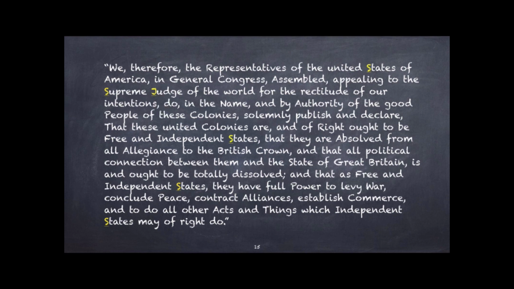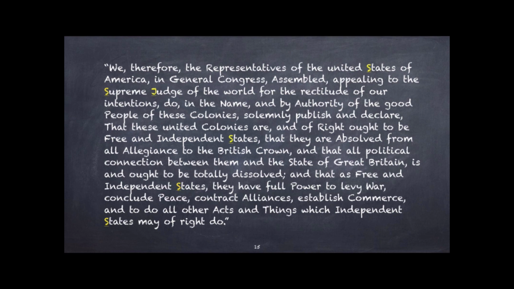Now that's a key point right there. Notice this state is capitalized as well. The state of Great Britain is a country, correct? Capital S here. State, country. Capital S, country. So they're placing themselves at the same level as Great Britain, all 13 of them, by the way, not one unit. They are free and independent states.